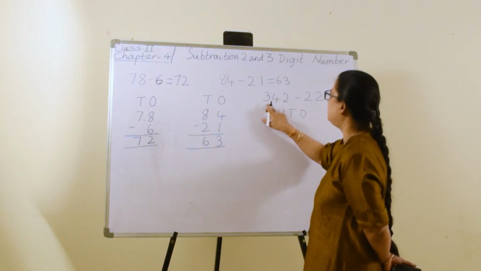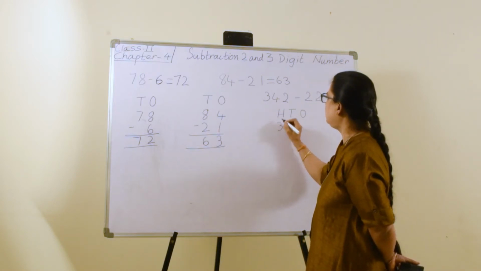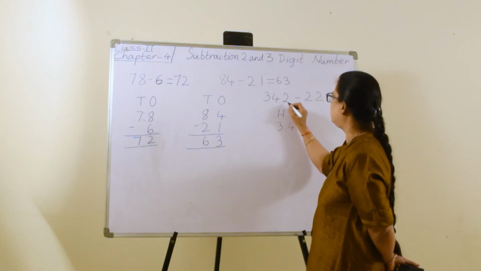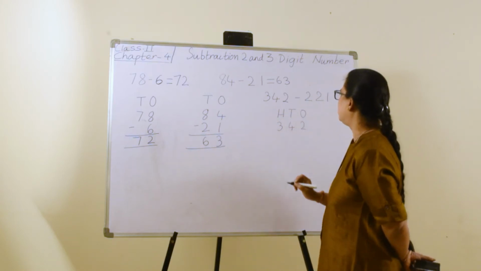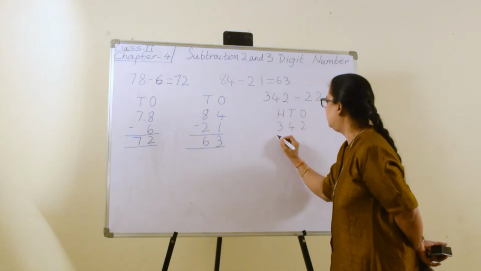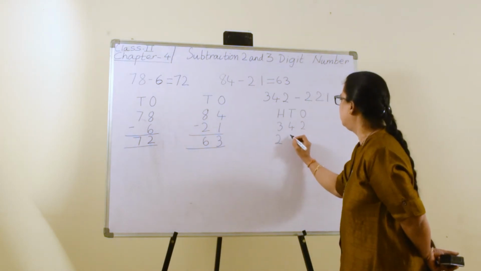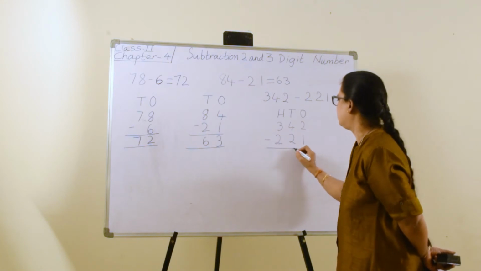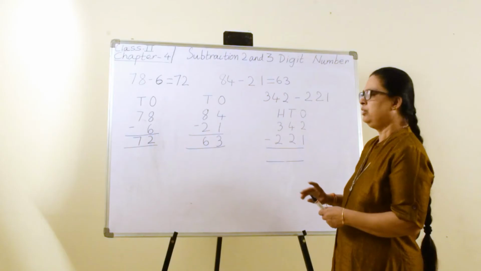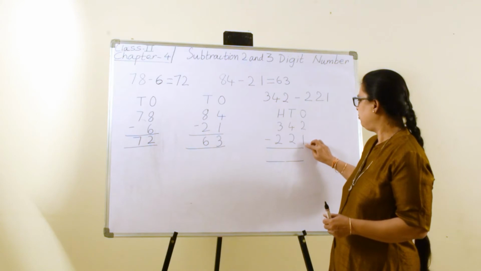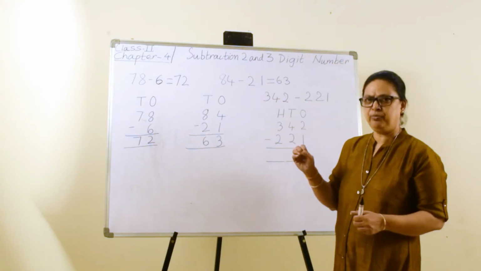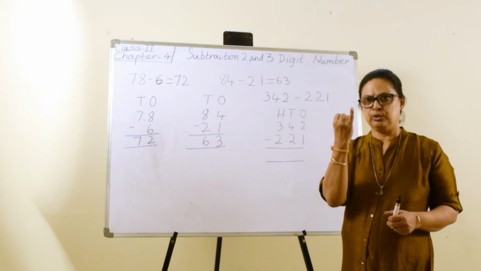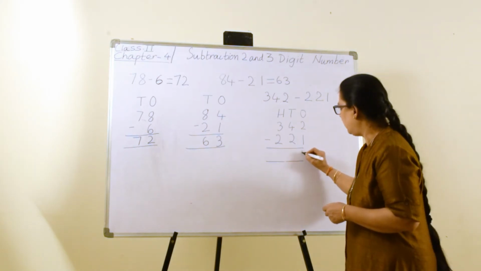So in the first number we have 3 in the hundreds place, 4 in the tens place and 2 in the ones place. In the second number here, 2 in the hundreds place, 2 in tens place and 1 in ones place. Now when you start counting, after 1, 2. So the difference here is 1.